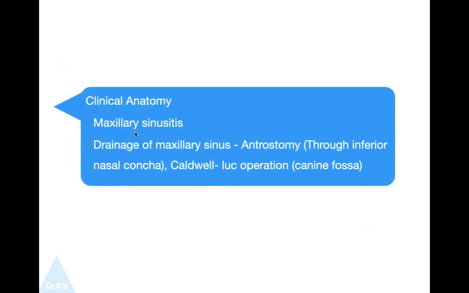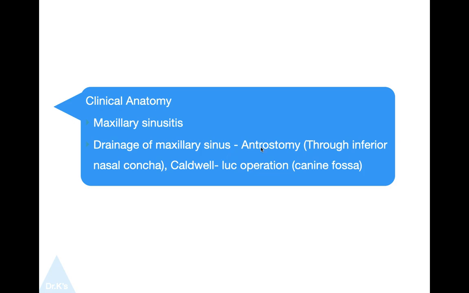Maxillary sinusitis is one of the most common phenomena seen during common cold. In severe common cold, we can see there is change in voice, and drainage of the maxillary sinus is difficult because, as we saw, the ostium, the opening of the maxillary air sinus, is seen a little above the floor level.